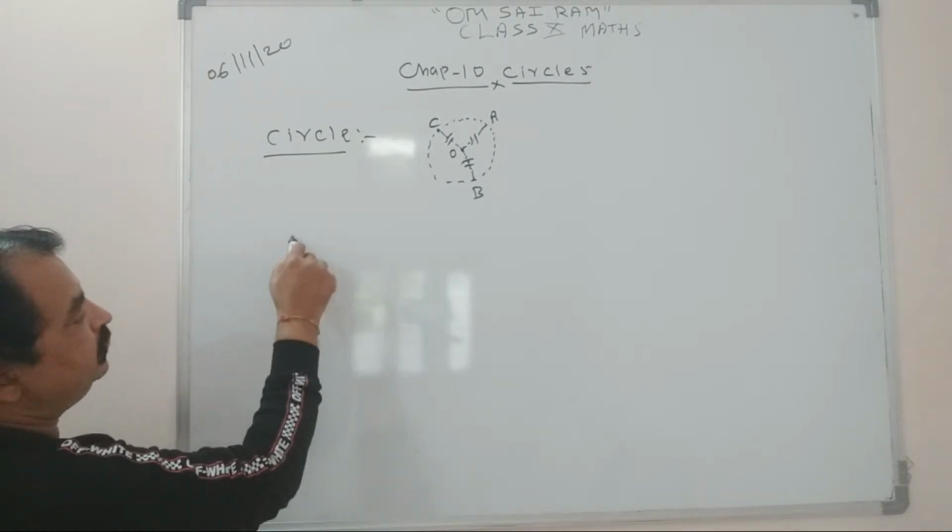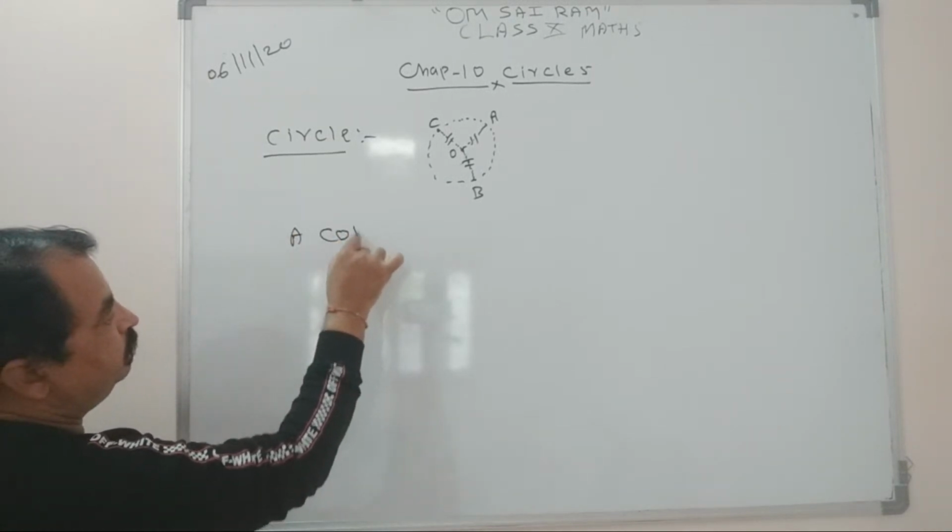So we write a collection of points, children. How do we write?